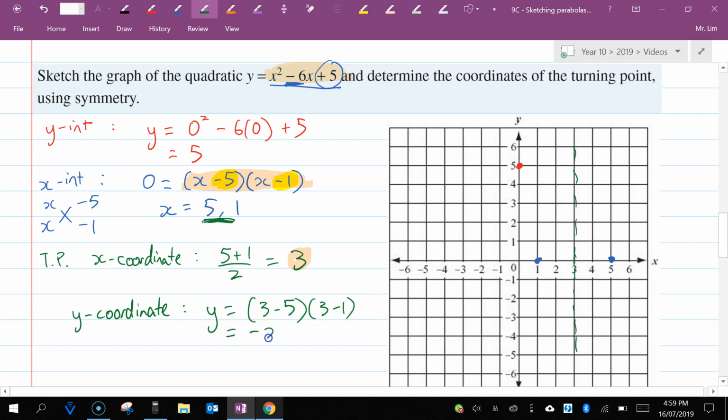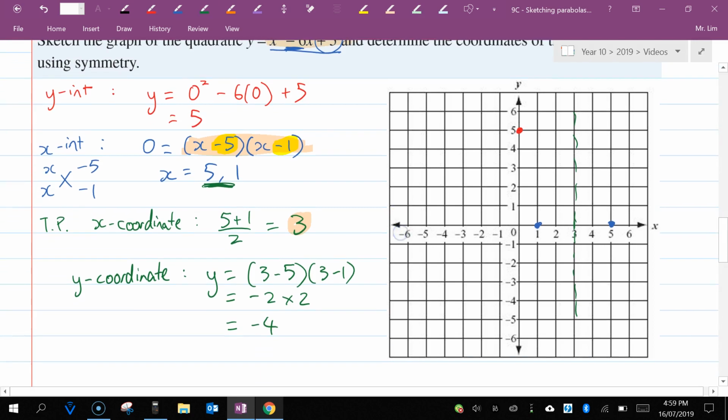That's minus 2 times 2, which is minus 4. Now, if you did it in the other one, you'll get the same answer. Okay, so we've got the turning point is 3, minus 4. The x-coordinate is 3. The y-coordinate is minus 4. So 3, minus 4 is right here.